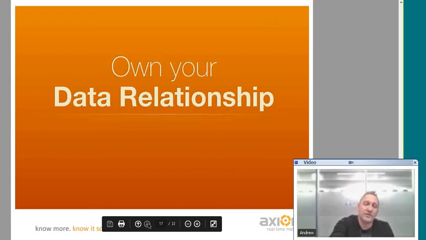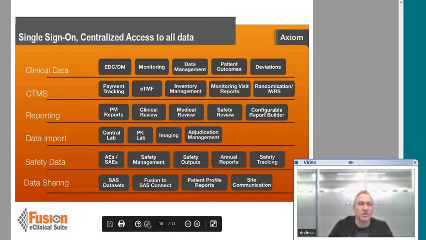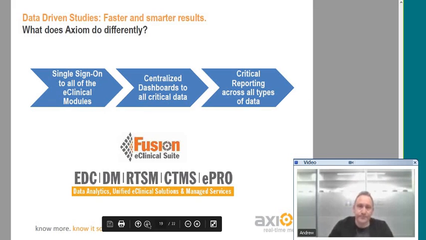A critical consideration to give some thought to, and that of course means access to every single piece of data that you're going to need to run your study, and obviously puts you in a better position to make the appropriate business decisions that are important on a day-to-day basis.